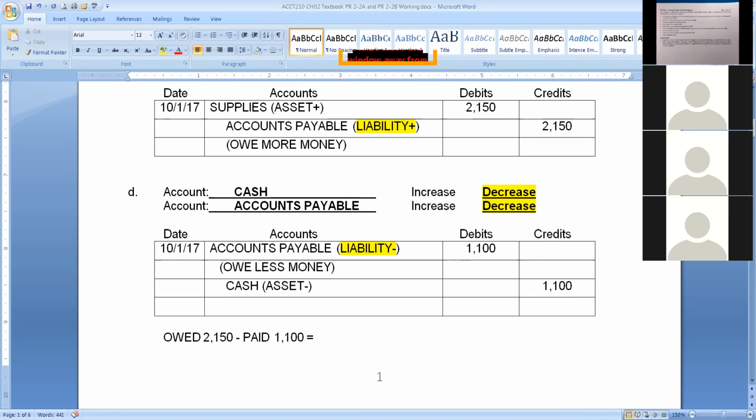So we still owe... All right, so we still owe what? $1,050, I guess. So again, you can see that it went down, what we owe. So this is kind of the accounts payable explanation here. Oops. Lost it completely.